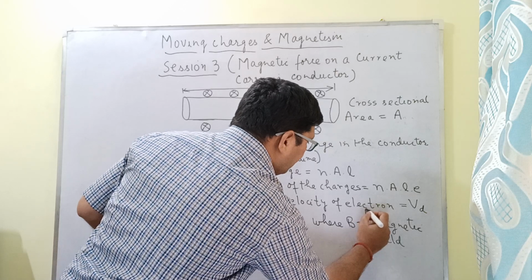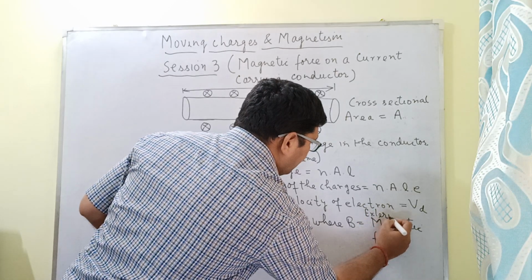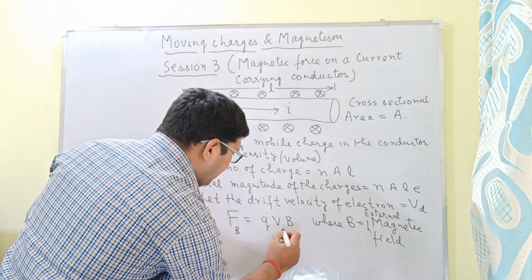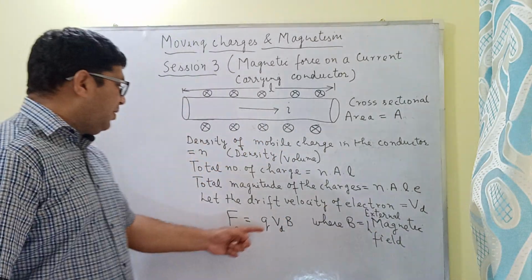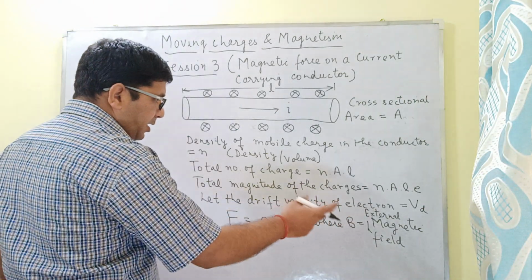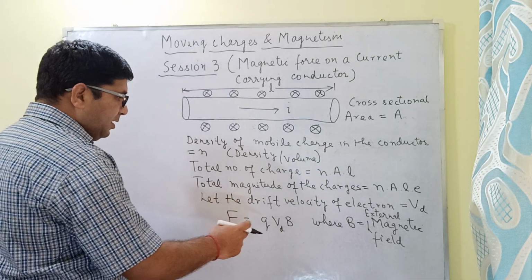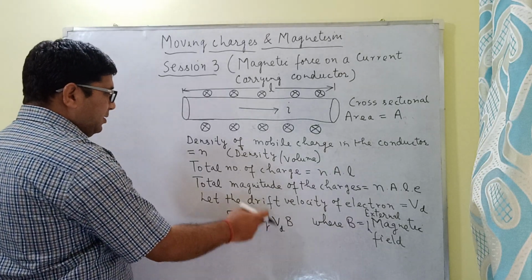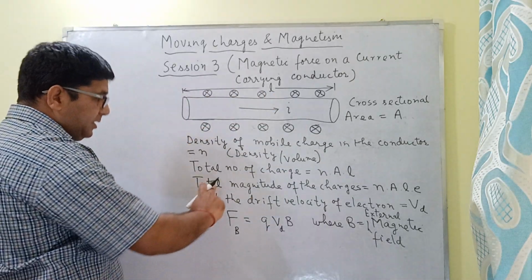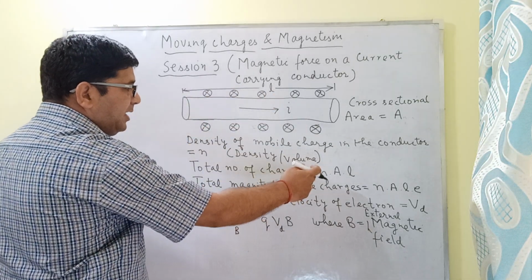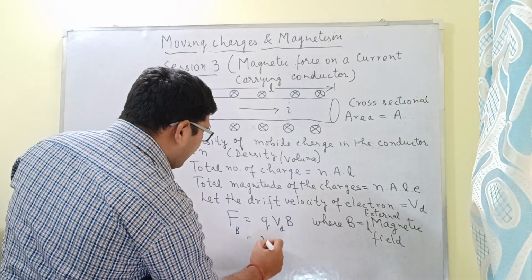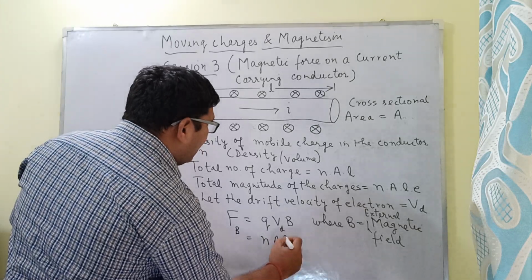External magnetic field. Vd is the drift velocity of this electron, or you can say this is the average velocity of an electron between two successive collisions, and Q is the total amount of charge, which is equal to N into A into L. So Fb, we will write the value here.